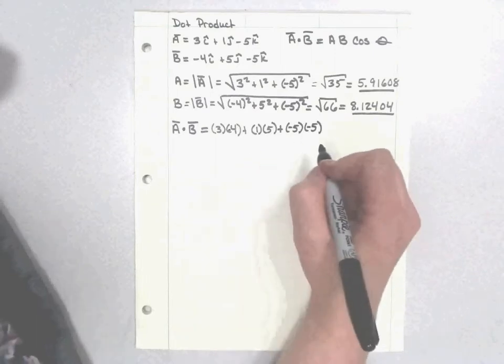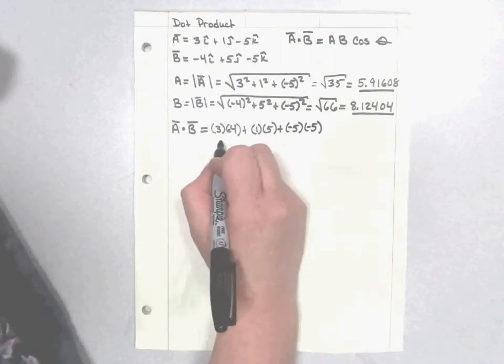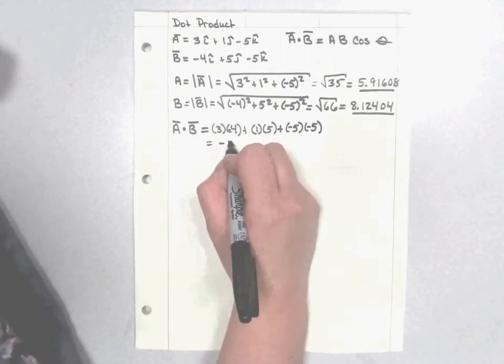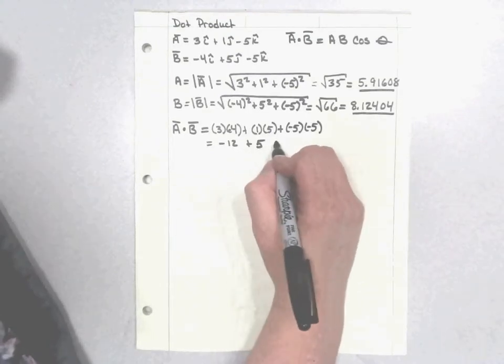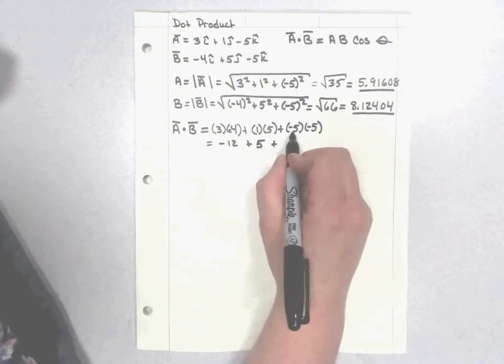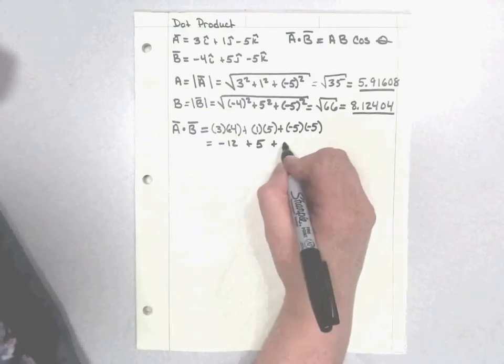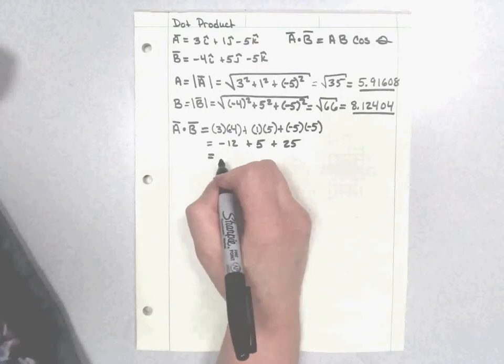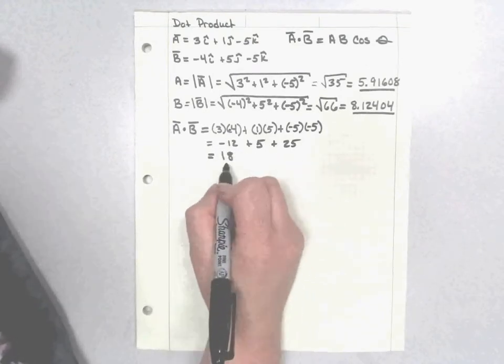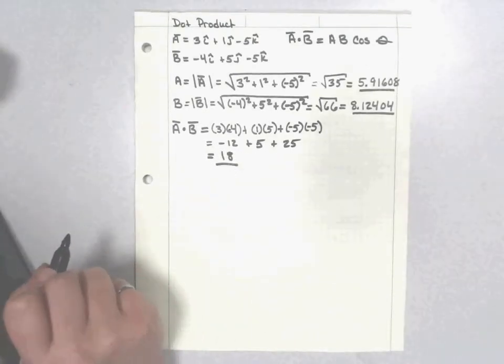Okay, so this would be negative 12 plus 5 plus 25. Negative times a negative is a positive 25. So A dot B in this case is 18.